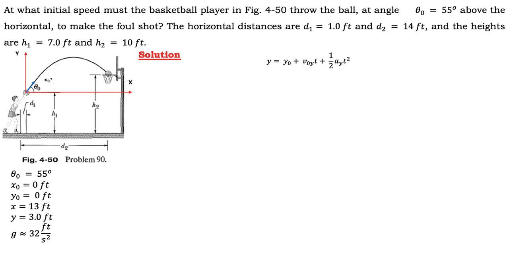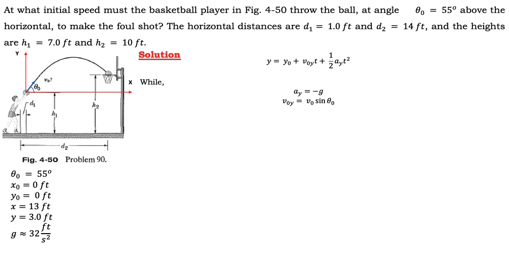In the vertical direction, there's gravity, so there's acceleration due to gravity g. So we can write ay equals minus g. And the initial speed in y direction is v0 sin theta 0.